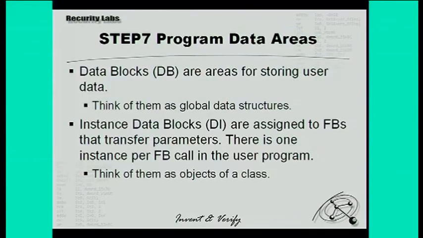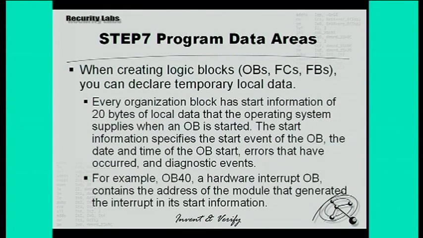So the data blocks, as I said, are pretty much like structs. You have instance data blocks. Those are the ones that are given to the FBs, and you can think of them as like an object that was made out of a class.